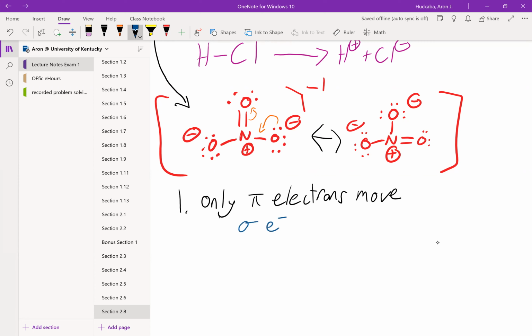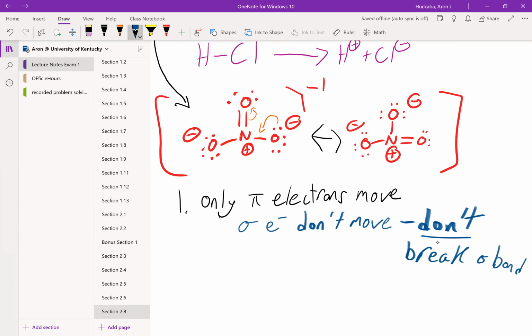Sigma electrons don't move, and so that means we don't break sigma bonds. Okay, good. So that's our first big rule, and that's something that you should remember every time.